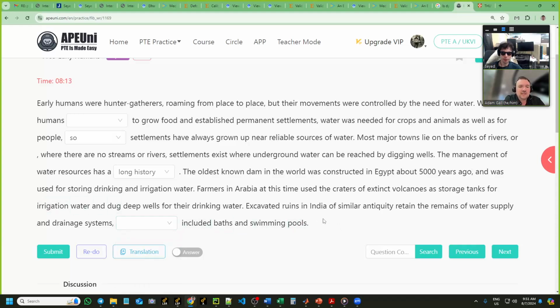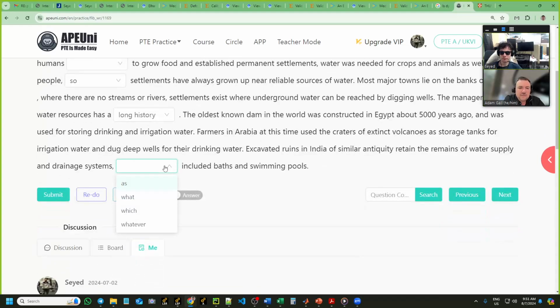Yeah. And also these ones. Excavated ruins in India of similar antiquity retain the remains of water supply and drainage systems, which included baths and swimming pools. So in this case, we needed to set up a relative clause, which included, because included.